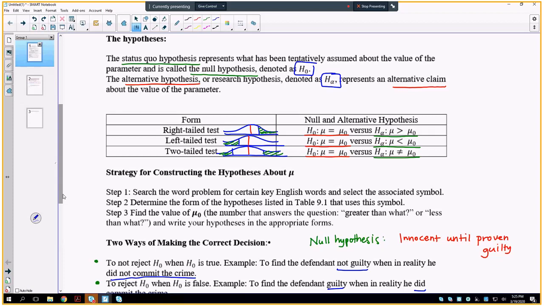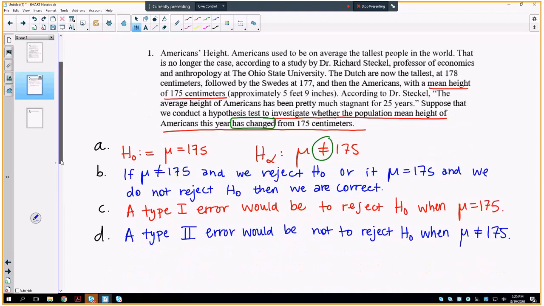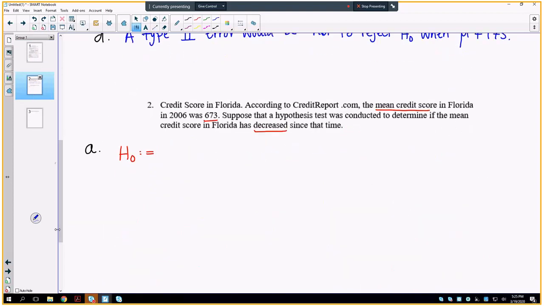That's this column here that I'm talking about. So in all three situations, the null hypothesis was mu equals mu naught. Okay? So our null hypothesis should be mu equals, and we're looking for that number mu naught. In this problem, that should be 673.